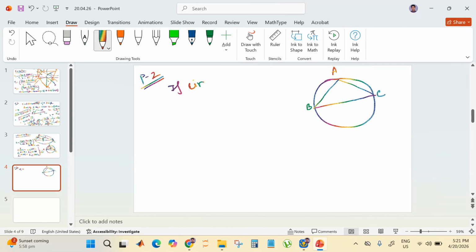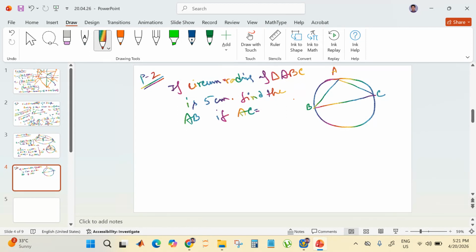If the circumradius of triangle ABC is 5 centimeter, find AB if AC equals 6 centimeter. Very interesting question. Try to solve.